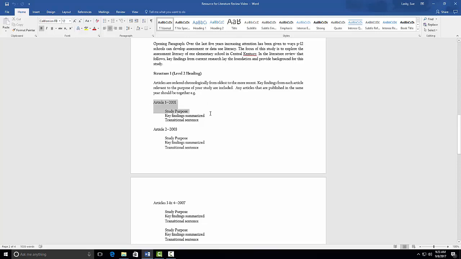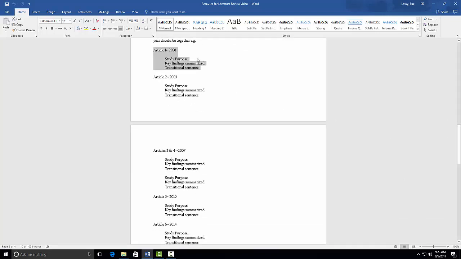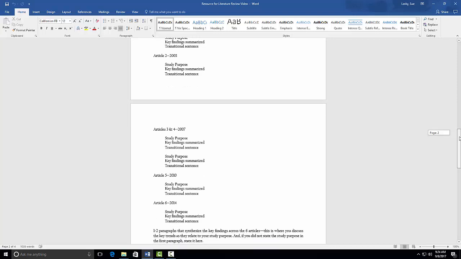So what I want you to notice here is this structure is replicated for every article that you read. You're going to state what the purpose was in one sentence. Key findings, this is where you take from the notes you've been keeping, and then you include a transitional sentence letting us know that you're moving on to another article. And no place in your lit review is there, let me say it this way, personal experience and your own ideas do not belong in the literature review.